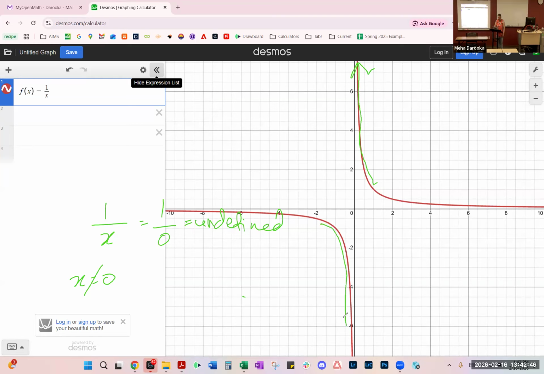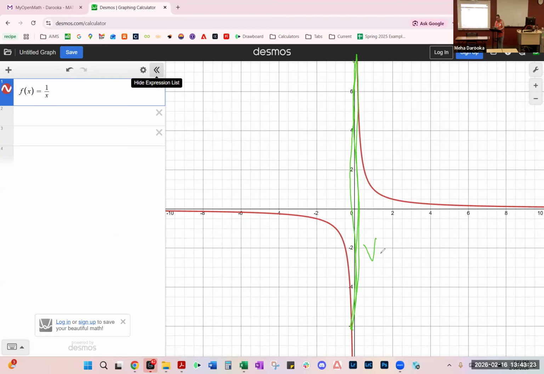Same thing's happening on the left-hand side. This arm is getting really close to the negative side of the y-axis, but again, it's not going to touch the y-axis. And why this is happening is, of course, because we know at 0 the function is undefined, but also you have a vertical asymptote at x equals 0, which is sort of this imaginary line that is right on top of the y-axis where our x value is equal to 0.